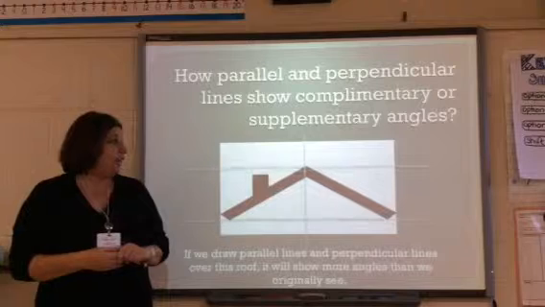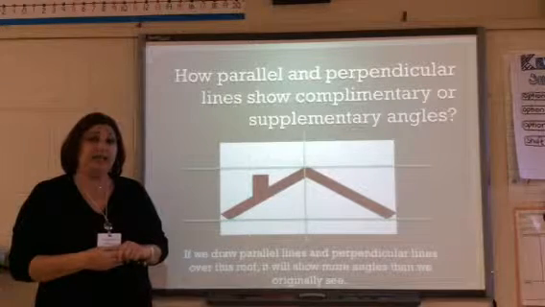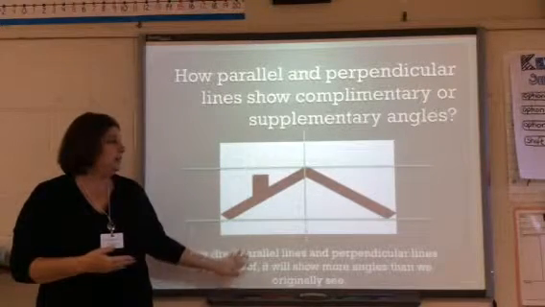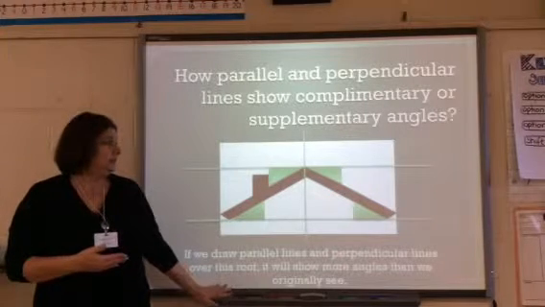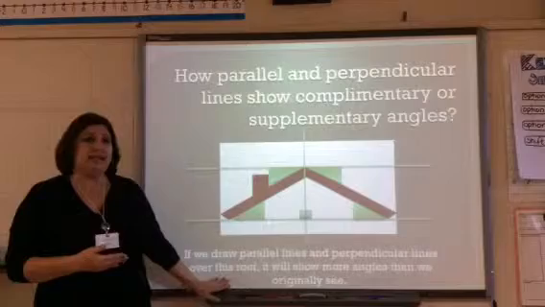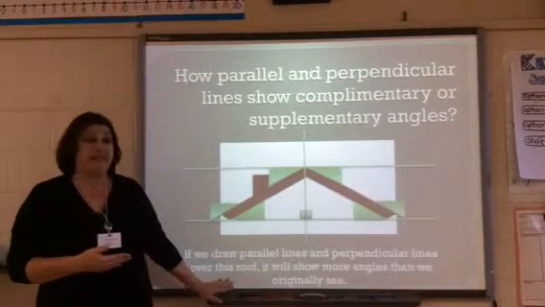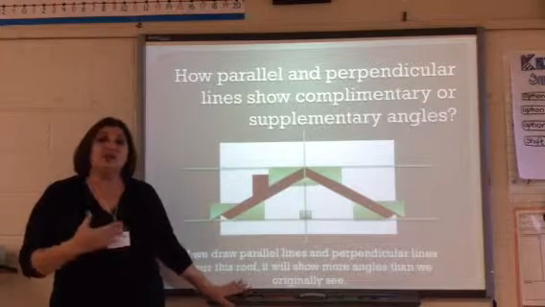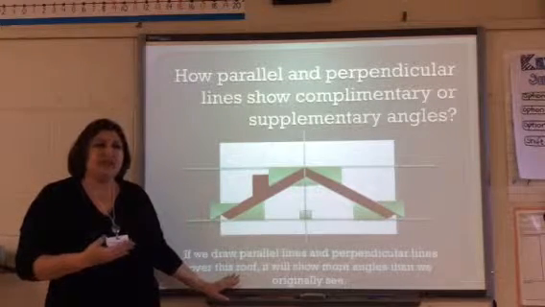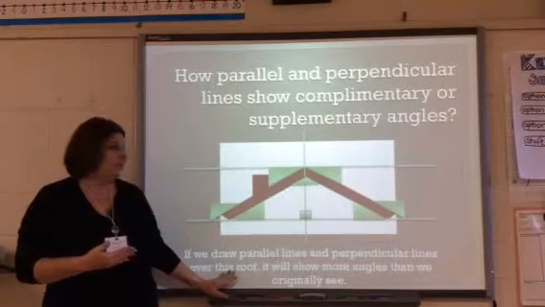But when I draw parallel and perpendicular lines, now we have a few more angles. We can see some right angles there. We have angles there and angles there. So sometimes we have to create lines to make more angles.